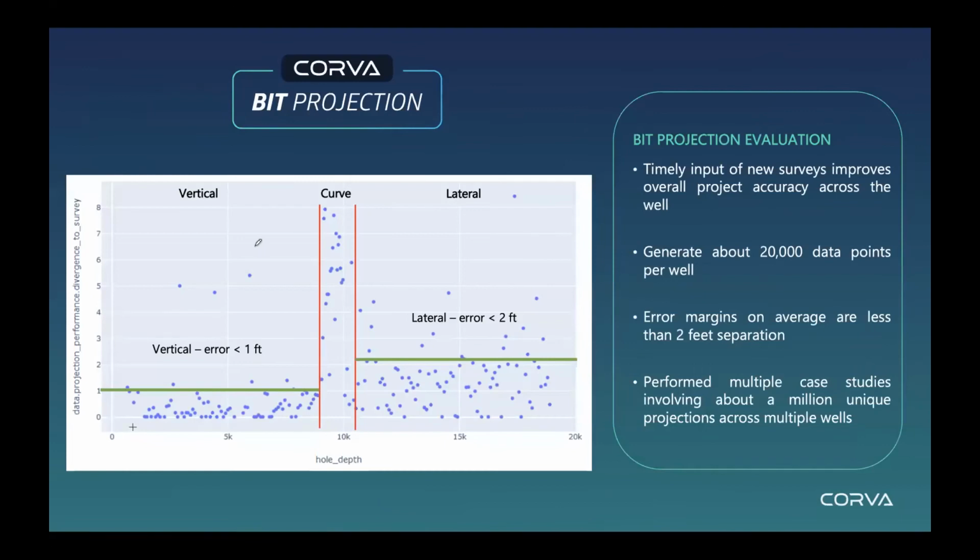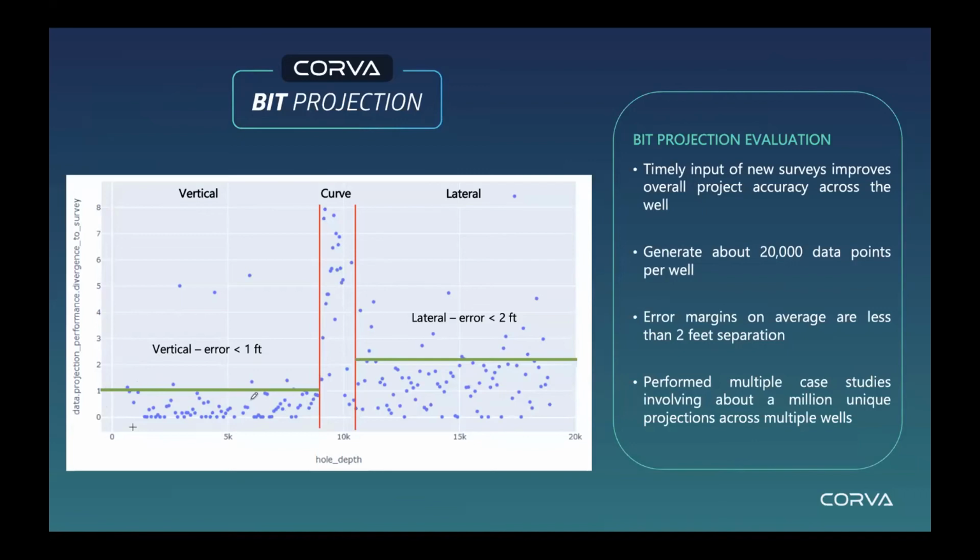Okay, so moving right along, this is an example of a well that we drilled that just shows some of the divergences, distance to survey. So you can see in the vertical section here, most of our projections were really accurate. A lot of them are right close to zero, so almost the exact place where the surveys were.